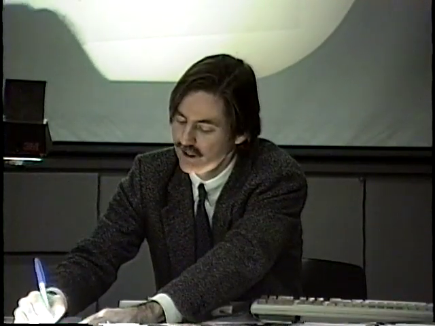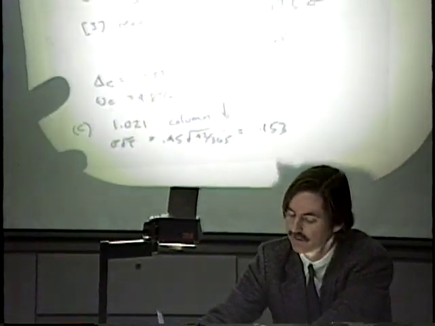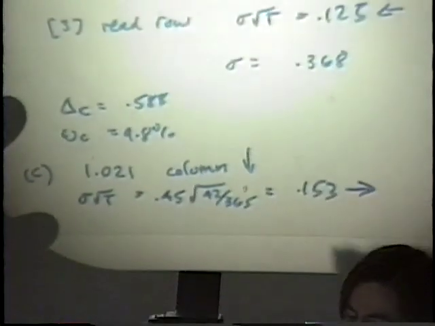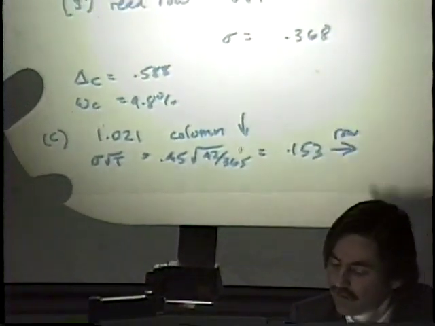So what are we going to do for C part? We're going to go down the column, and then we need to establish our sigma root T, which is 0.45 times the square root of 42 divided by 365, which equals 0.153. And that's going to be the row we're going to look across.